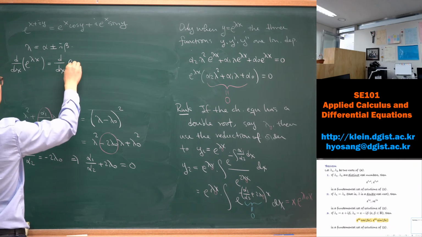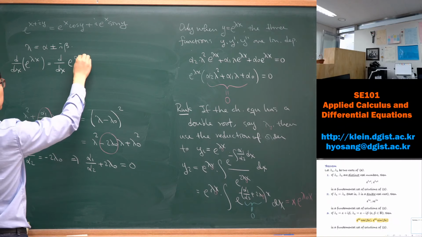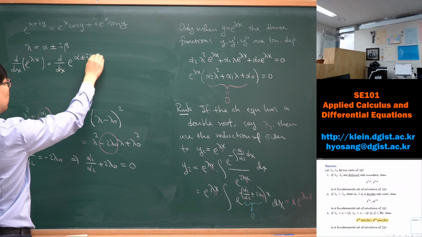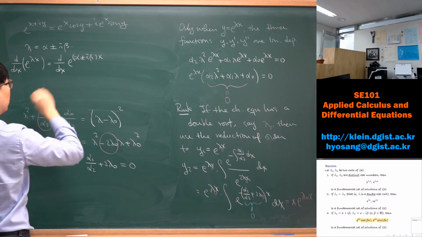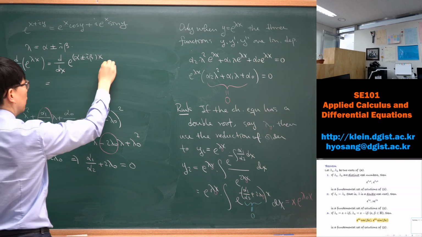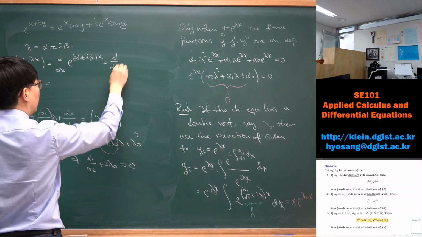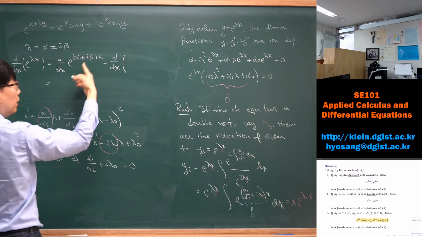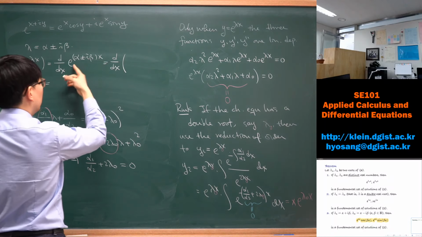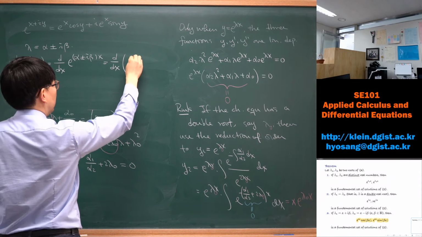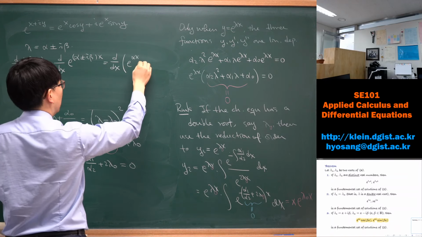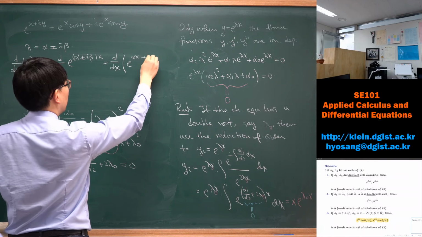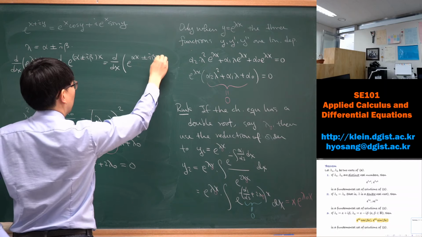So e to the lambda x, which is e to the alpha plus minus I beta x, is, if I use this formula, let me write again: e to the alpha x plus minus I beta x.